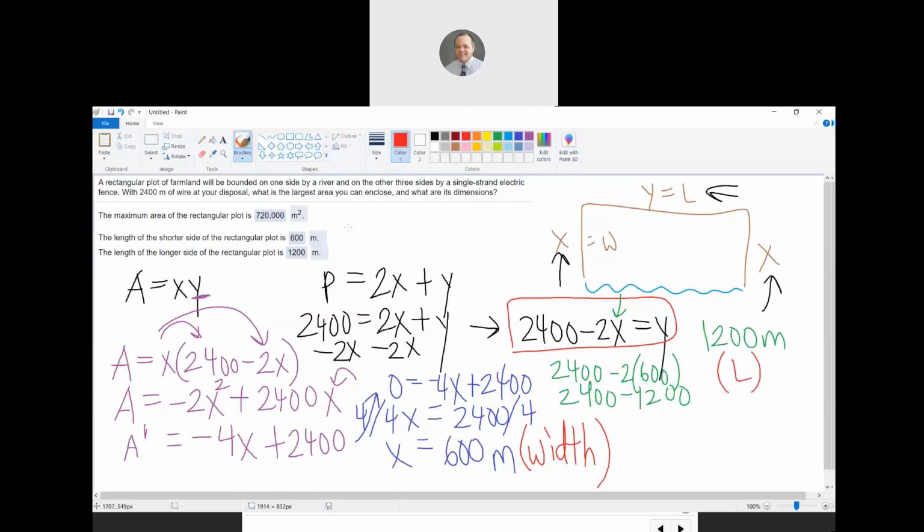We found the shorter side and the longer side. Last thing to find is the maximum area. So just multiply your length and width together. That would be 1,200 times 600.